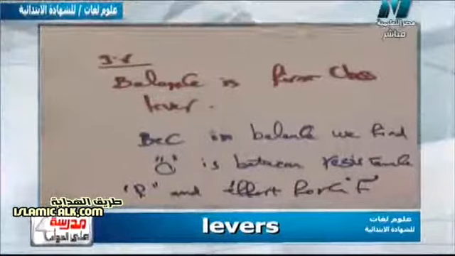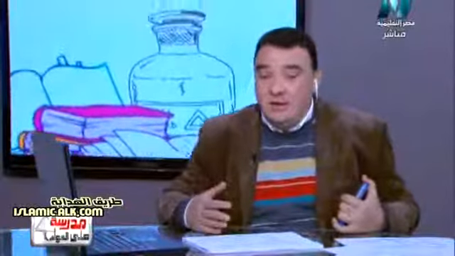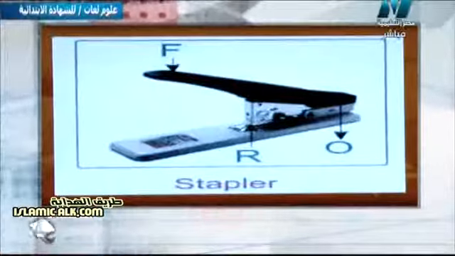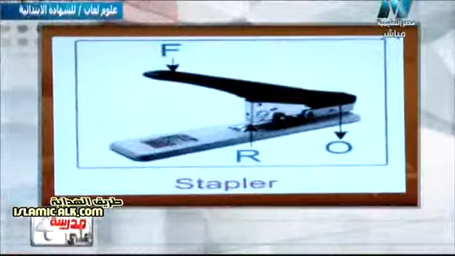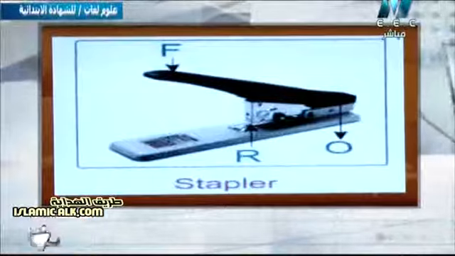Okay, so the last example to practice determining the type of lever is the stapler. The stapler is the last example today, God willing. And next episode we will have many examples and much information about the lever. So let's see a picture of the stapler together. I have R, the resistance, between the fulcrum and effort force. So surely, I can hear many of you saying the stapler is really a second class lever.